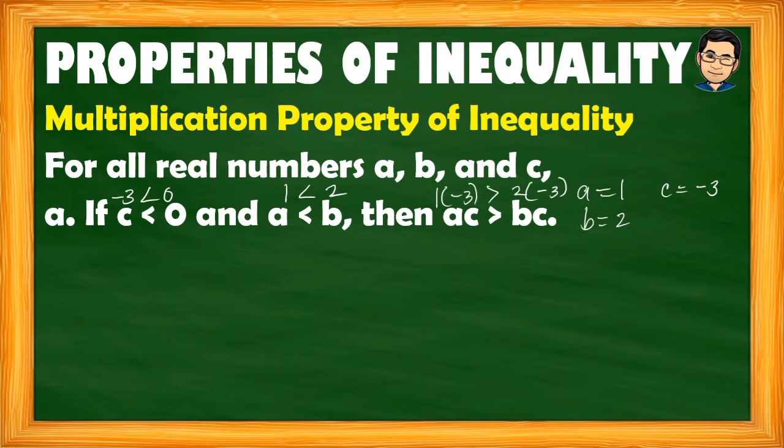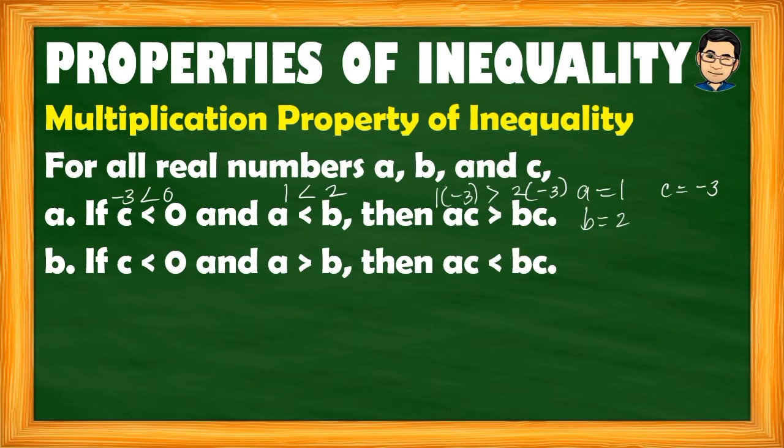So this is correct. Next, if C is less than 0 and A is greater than B, then AC is less than BC. Okay, for example, C is less than 0, so negative 3 again. And then A here has a value of 2, and B is 1.